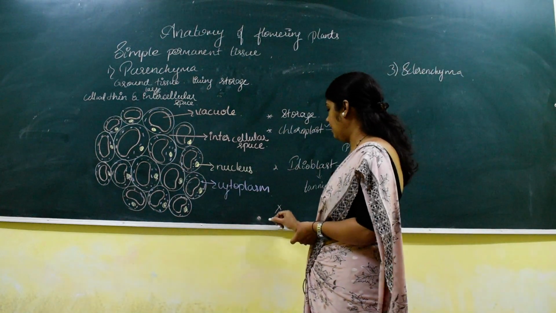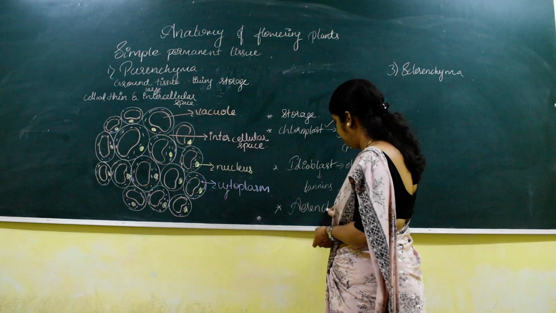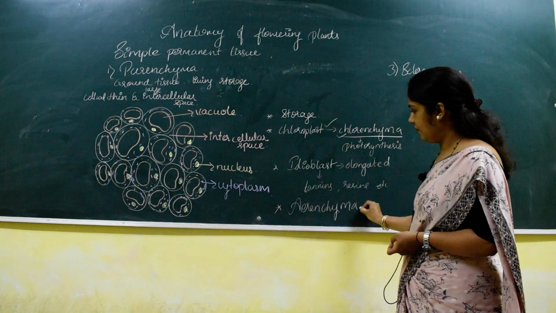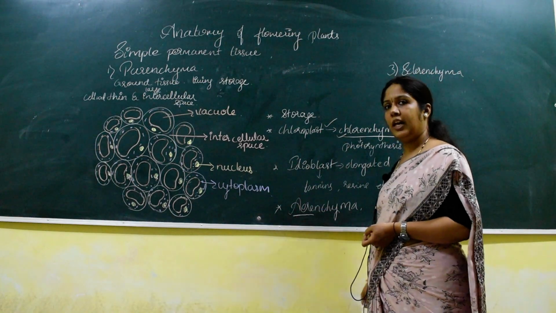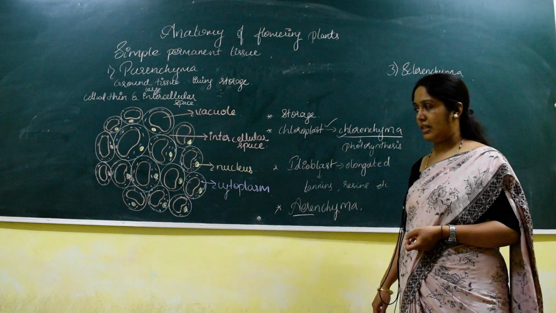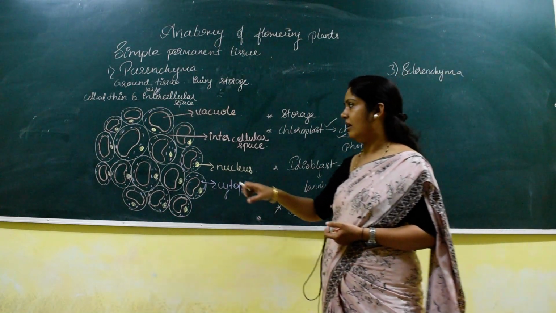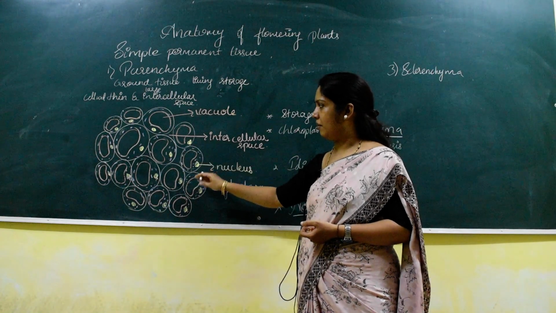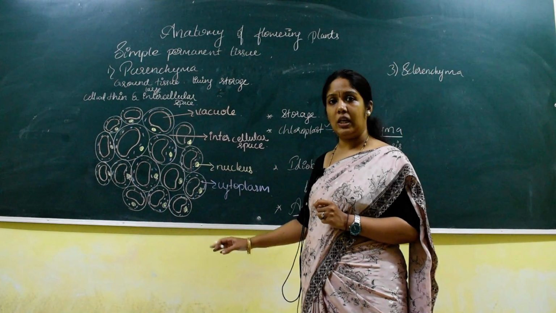Next, there is another type of parenchyma called Aerenchyma. In the word itself, we can see large air cavities. Understood? Air-filled spaces will be there inside the cell. Whatever vacuole portion is occupied is filled with air.